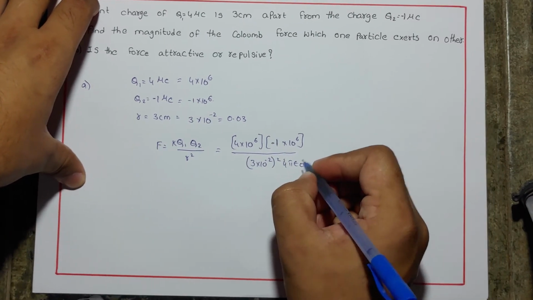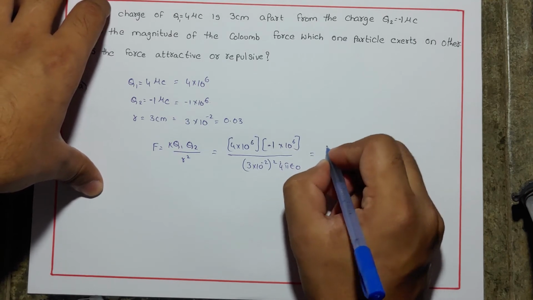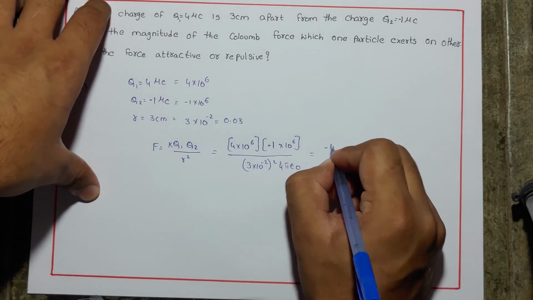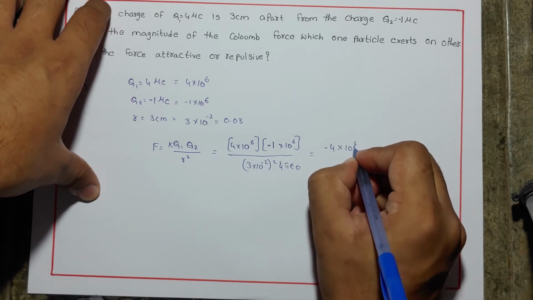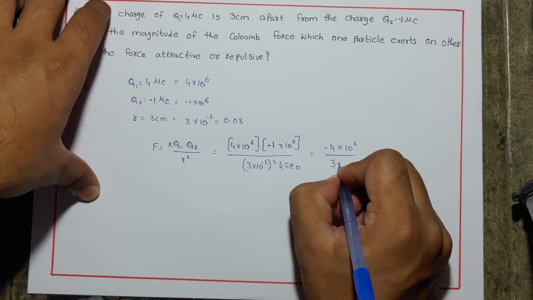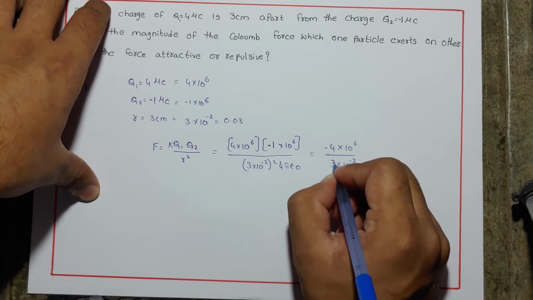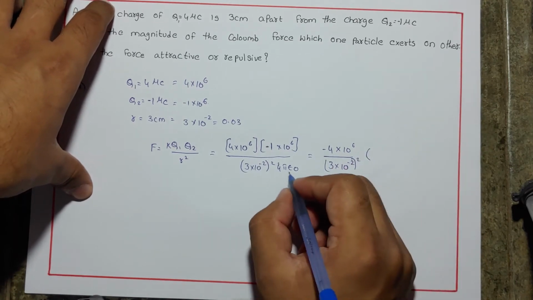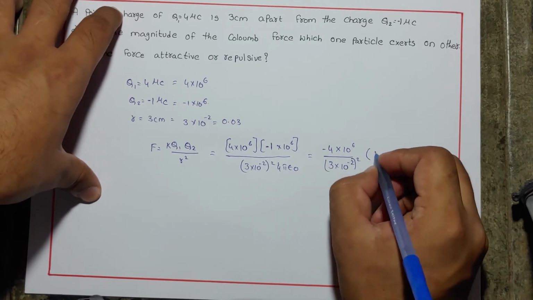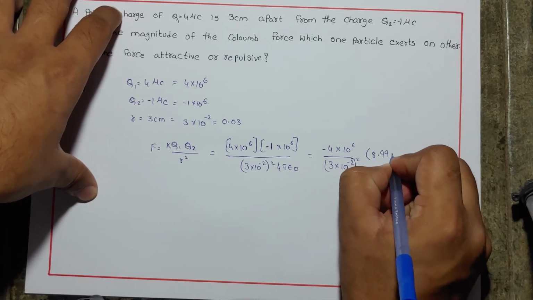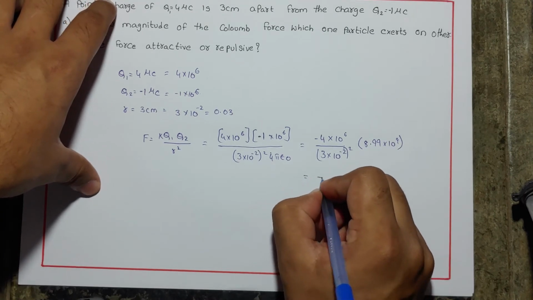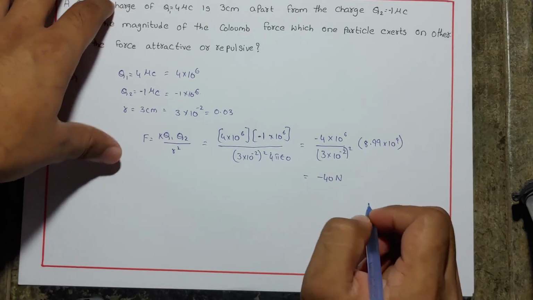Here the charges have signs, so let us remove the sign, otherwise you can keep it; by this you can understand the force direction also. This is minus 4 into 10 to the power of minus 12 by 3 into 10 to the power of minus 2 whole square times, we know that 1 by 4 pi epsilon naught value is equal to 8.99 into 10 to the power of 9, which is equal to minus 40 newtons.